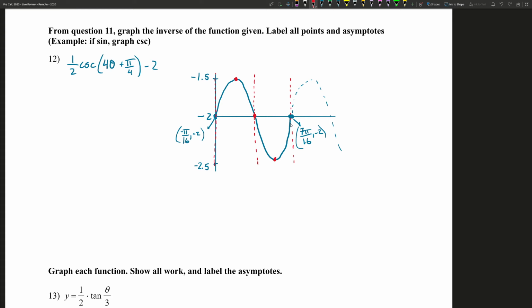Right, and these asymptotes are exactly where they were before. So this is x, I guess if you want to call it theta, but we can just call it x for now, is equal to negative pi over 16. Right, that's the vertical line at negative pi over 16. This will be at 3 pi over 16.